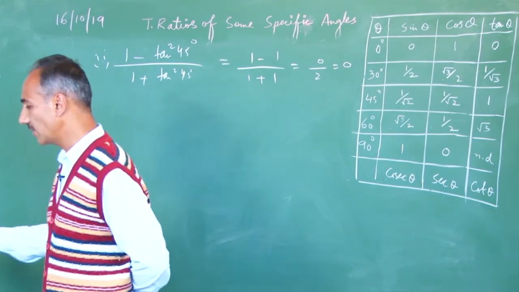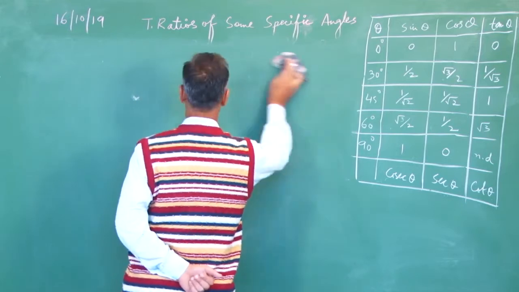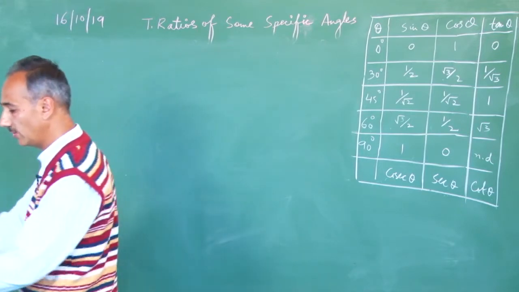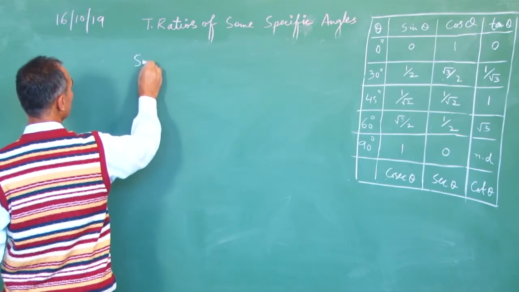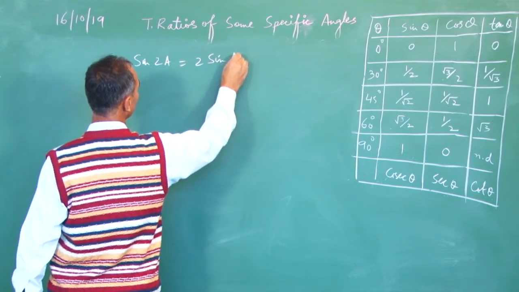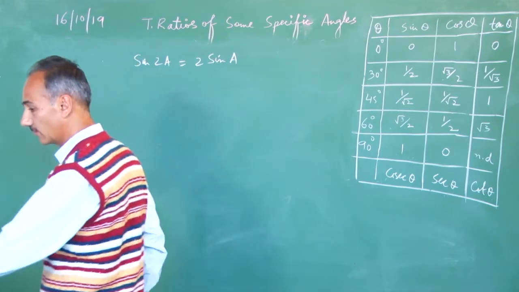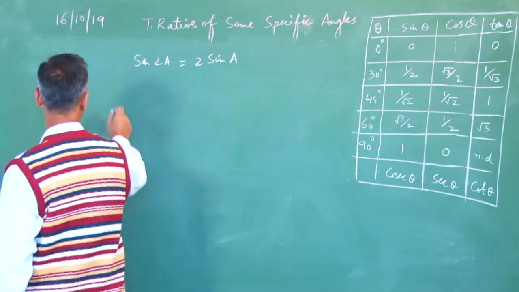There's one sum like sin 2A is 2 sin A. This is third part. Let's try this sum and then we'll move on to question number 3. Sine of 2A, it says it's twice sine of A. For what value of A? A is given as 0, 30, 45, 60.